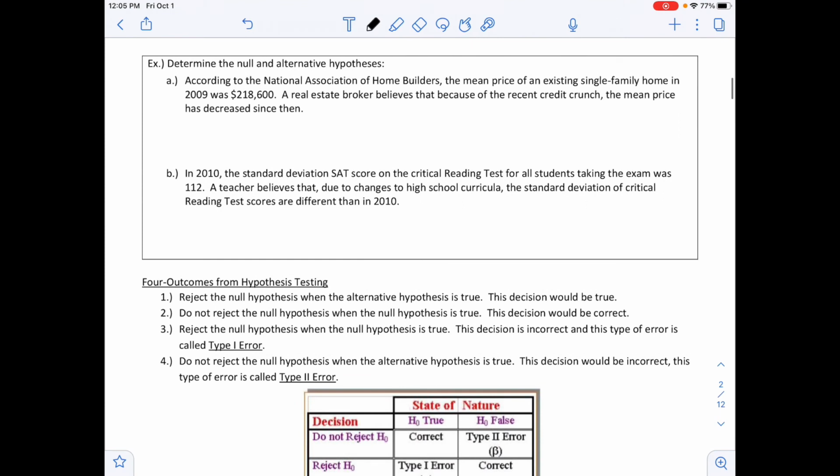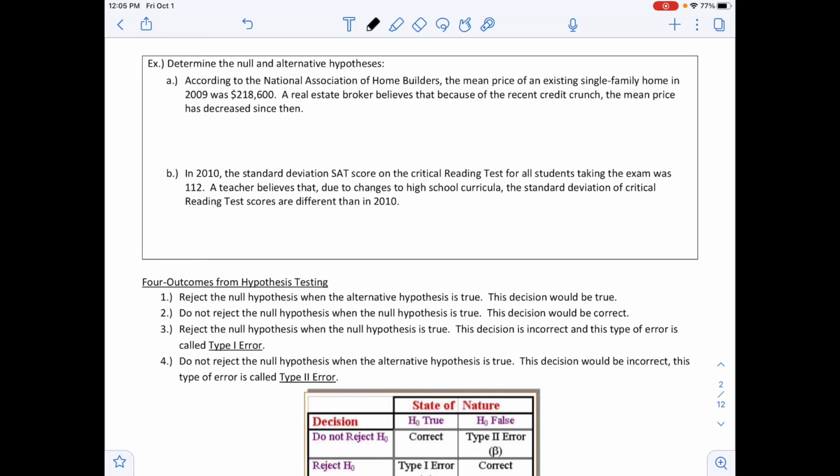On the next page, we have another example that says determine the null and the alternative hypotheses. So part A says according to the National Association of Home Builders, the mean price of an existing single-family home in 2009 was $218,600. A real estate broker believes that because of the recent credit crunch, the mean price has decreased since then.